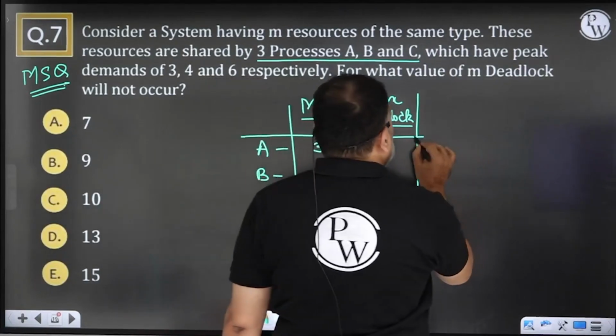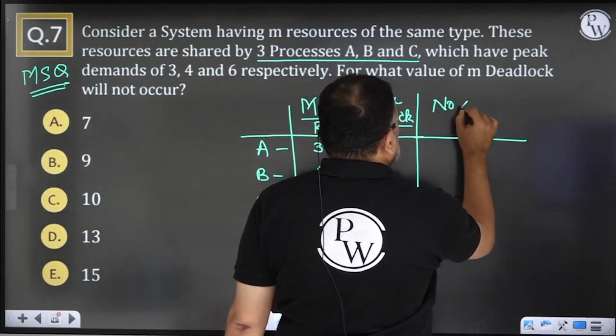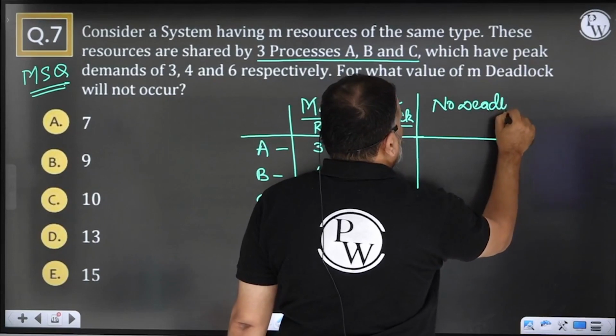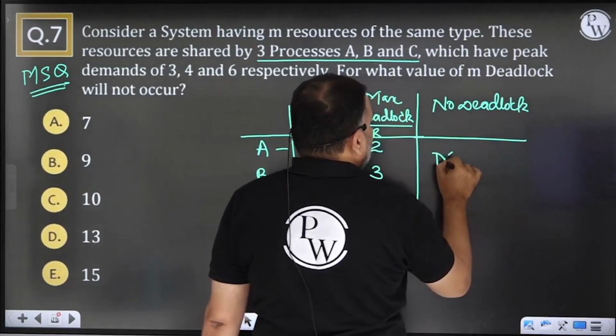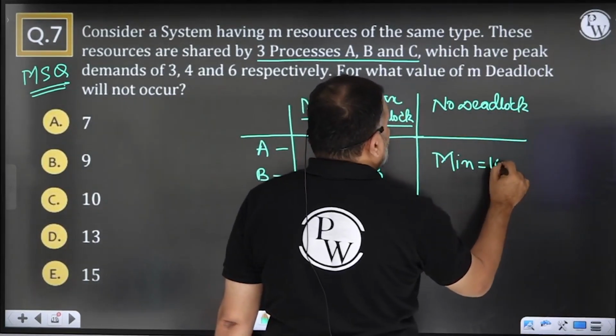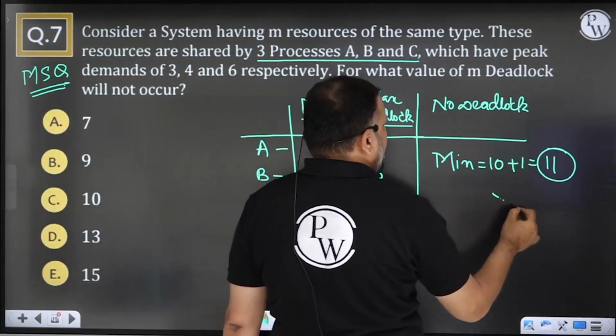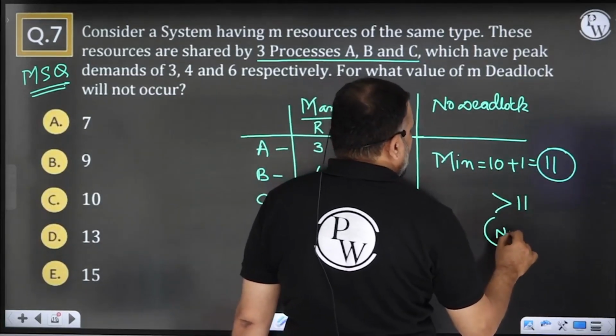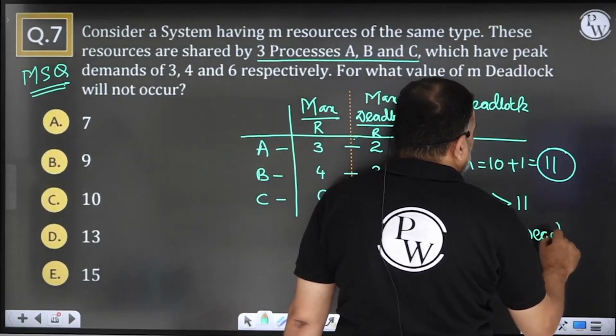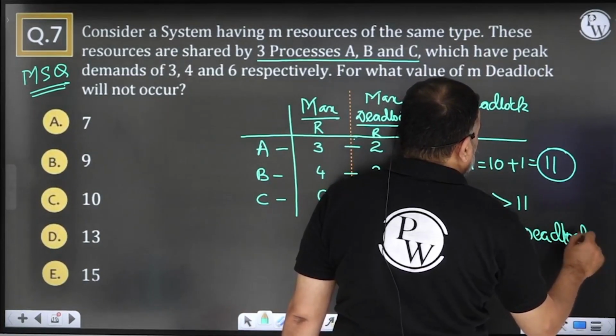If you say no deadlock, then minimum should be plus 1. That is 10 plus 1. This is minimum. Anything greater than or equal to 11, no deadlock. Very obvious. I cannot have a better explanation than this.